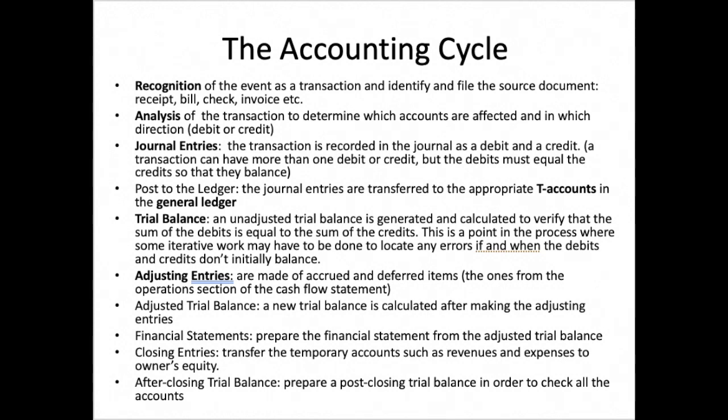Once you do it, the money either comes out of your bank account, or you have to somehow reduce the amount of money you had because now you've done this transaction. And on the other side, you've gained the item, whether you bought a bicycle or a car or a sandwich, all those kind of things. You have to show that you got something for that money, and that's the two sides of the transaction.